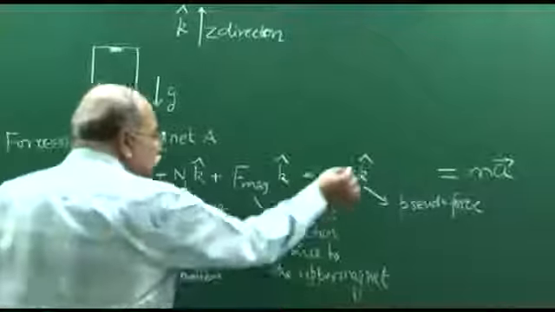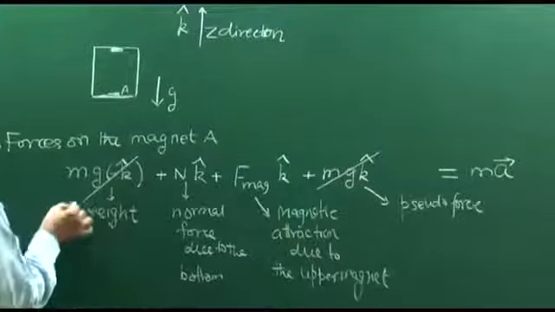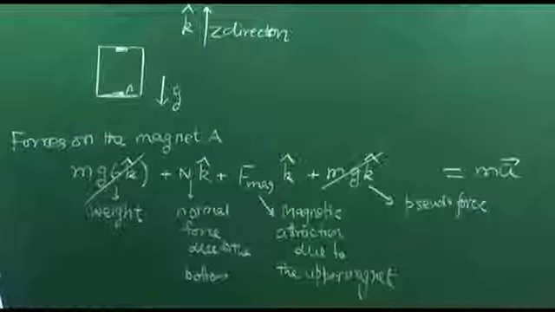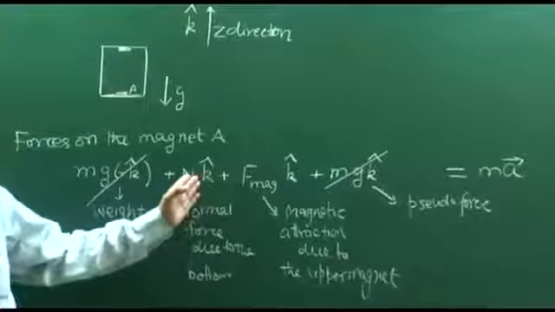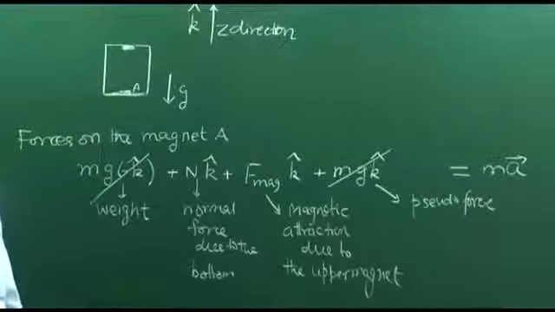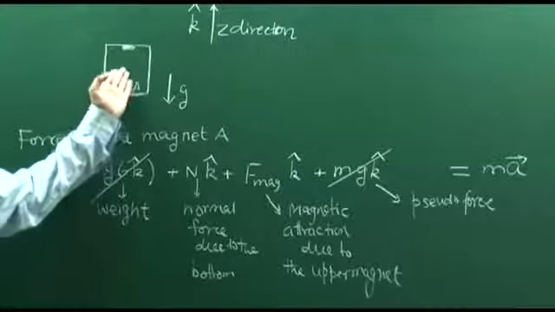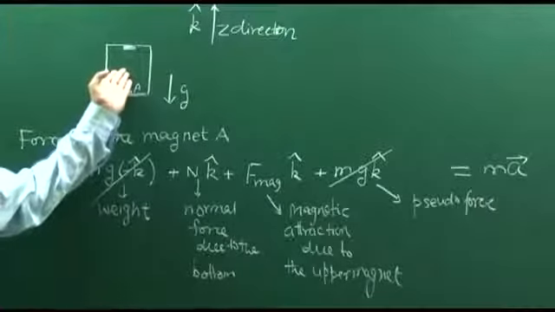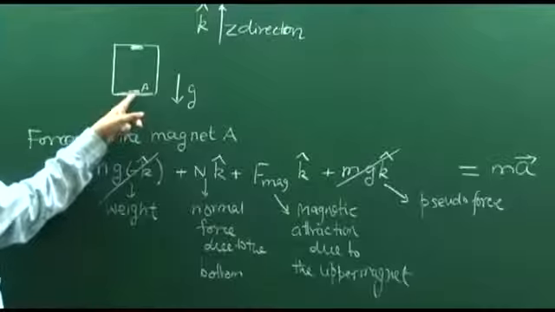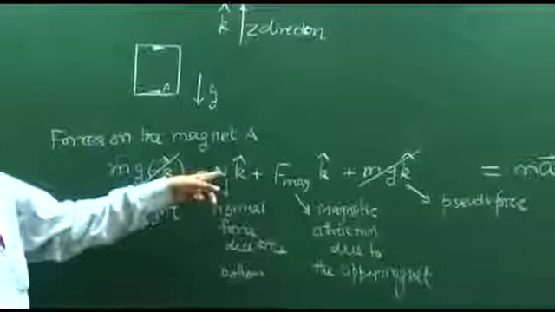Now, you can see that the pseudo force in this case cancels with the weight, and then you have only these forces, normal force and magnetic force, and both are upward, and therefore this magnet should go up, it should accelerate in upward direction, and as it goes slightly up, this contact here is broken and then this N also becomes 0.